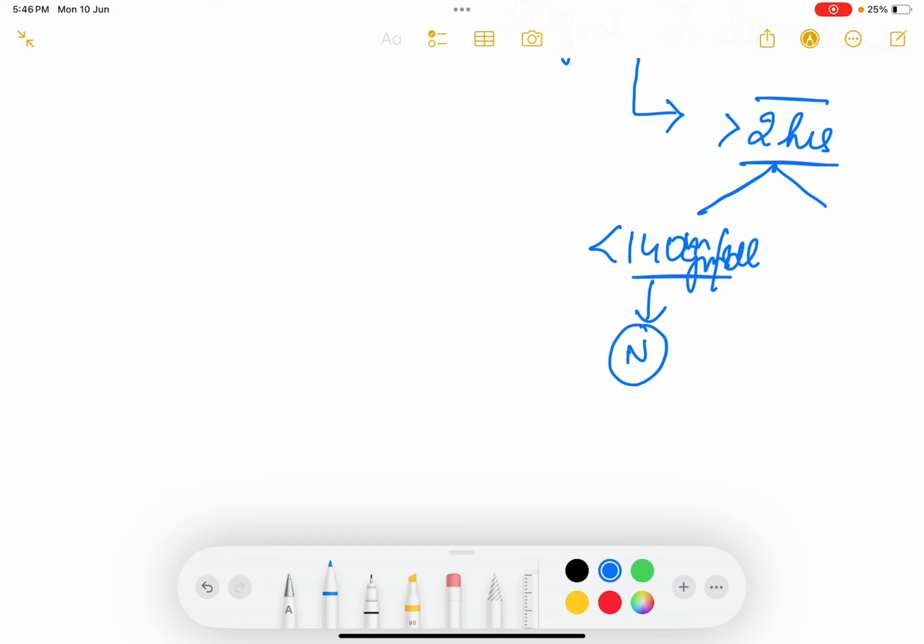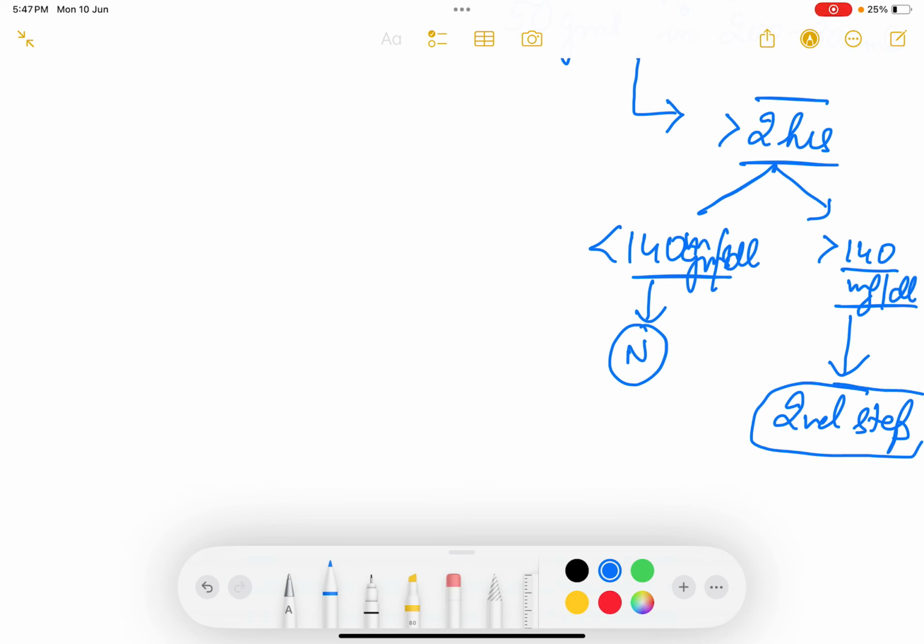But if the sugars are more than 140 milligrams per deciliter, then you subject the patient to second step testing, which I will tell.